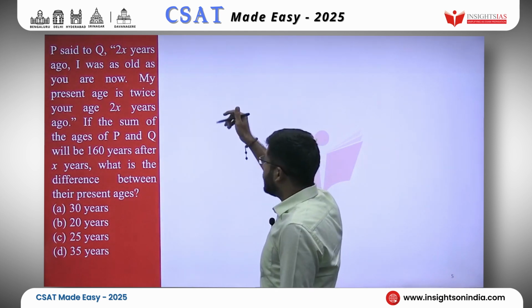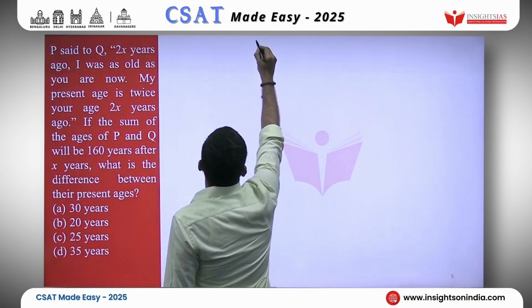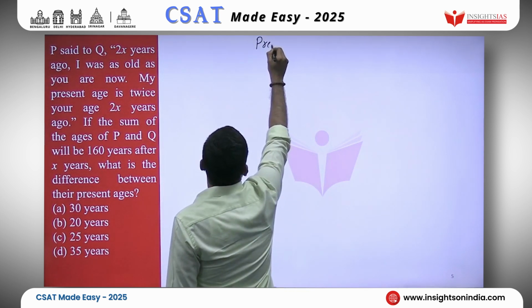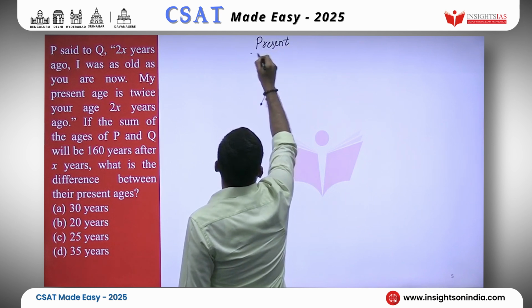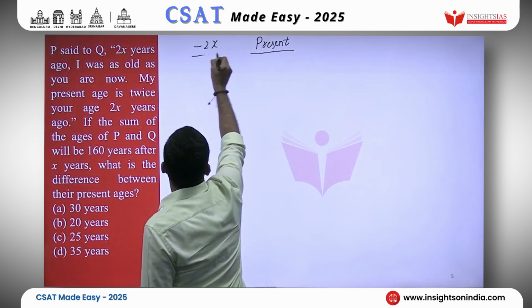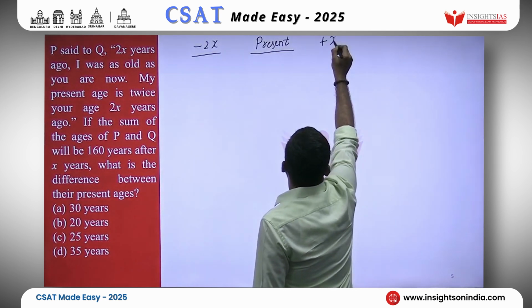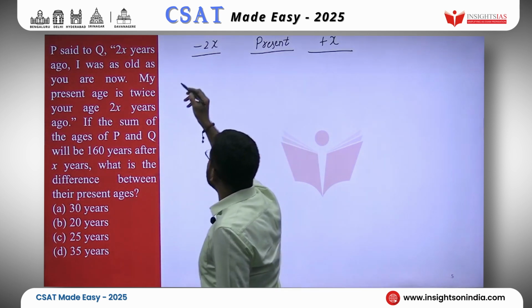First, we shall make a table of the given timelines. First, we will write present, and then 2x years ago, we will denote it as minus 2x, and then x years in the future, we will denote it as plus x. And whose ages are we talking about?